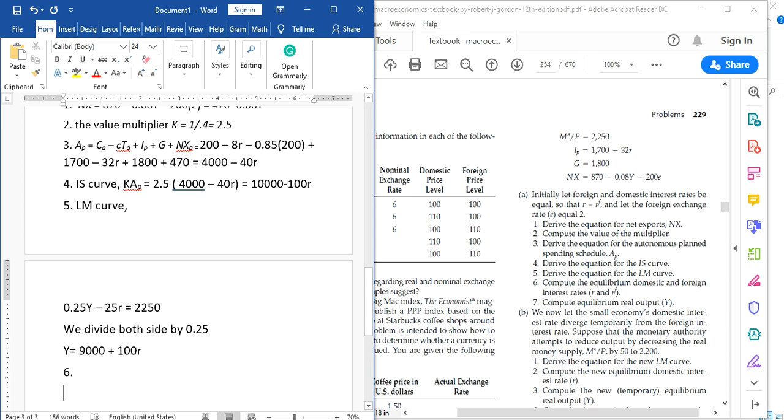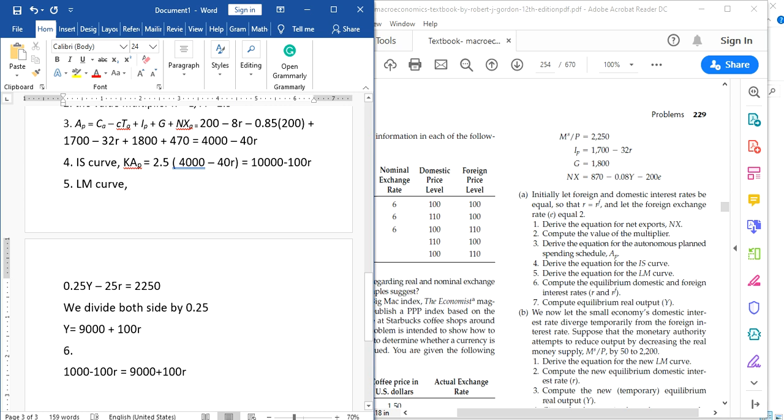What we do here is set the IS curve equal to the LM curve and solve for R. So 10,000 minus 100R equals 9,000 plus 100R. By solving this equation, we have 1,000 equals 200R.